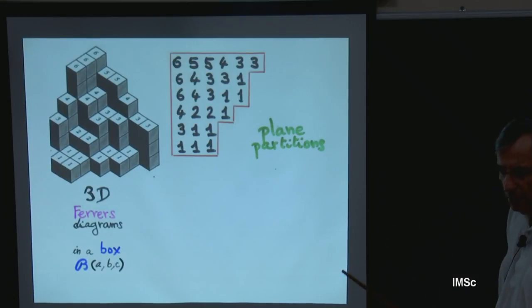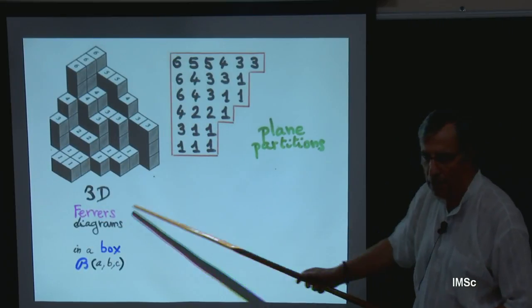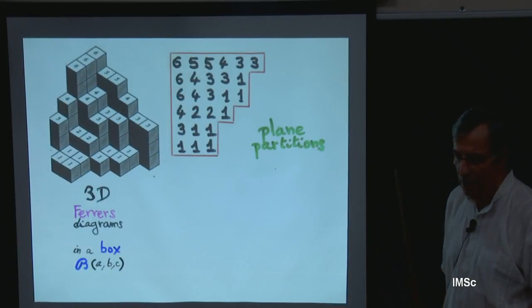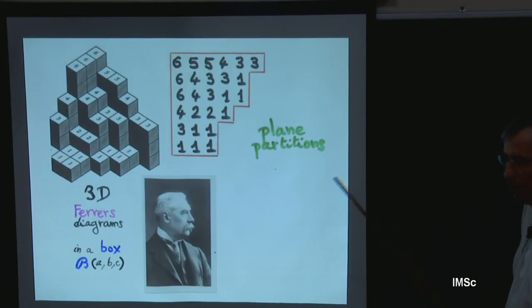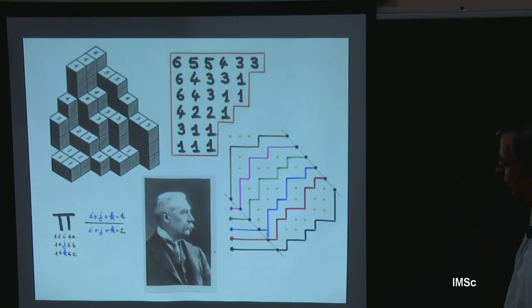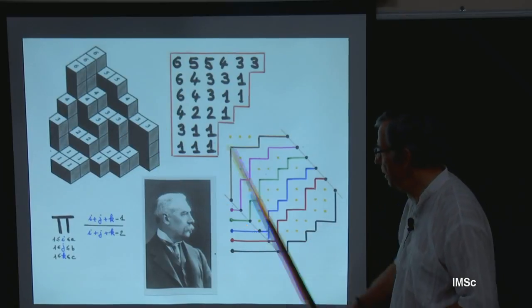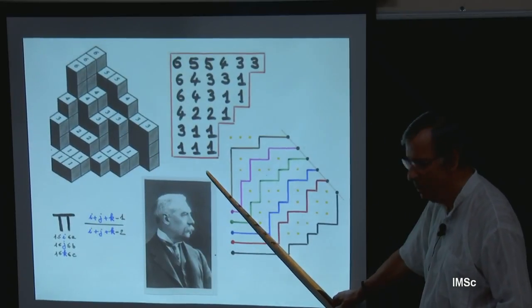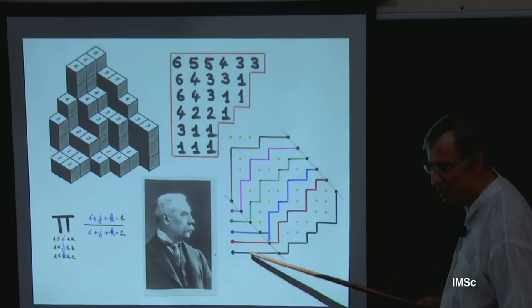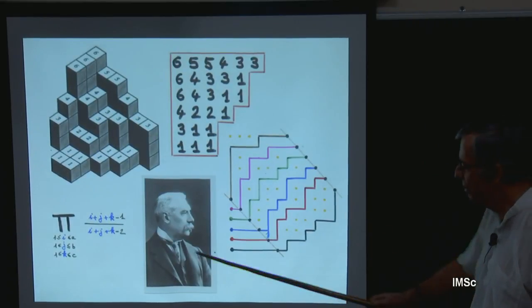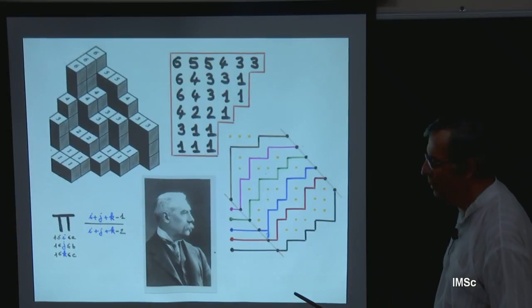We have a nice formula for such plane partitions, or 3D Ferrers diagrams, which are bounded in a certain box, A by B by C. This formula is the MacMahon formula. We showed that there was a bijection between such plane partitions and configurations of paths. Then we added some new steps to get a binomial determinant, applied the formula contents over hook lengths, and we get this formula.